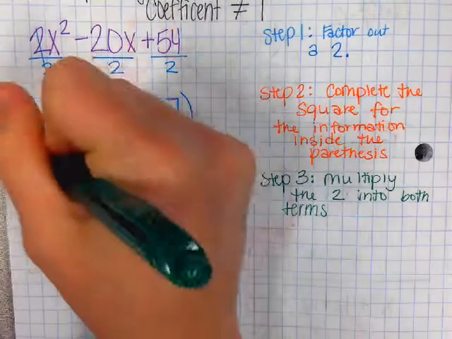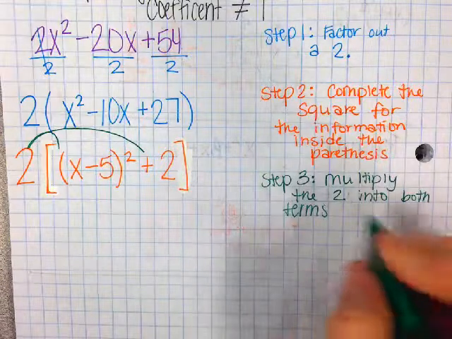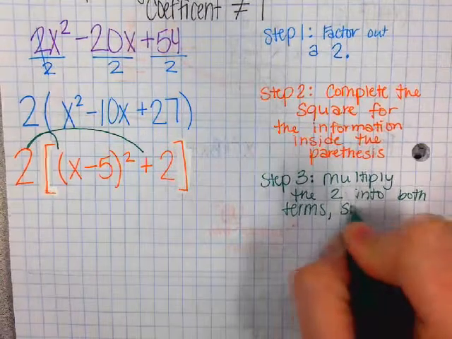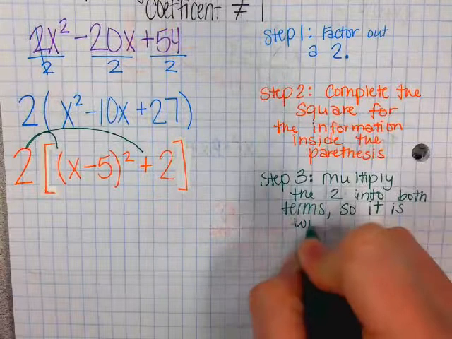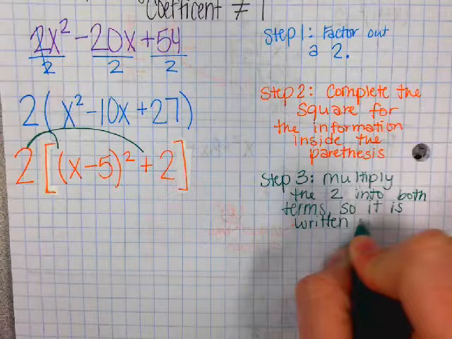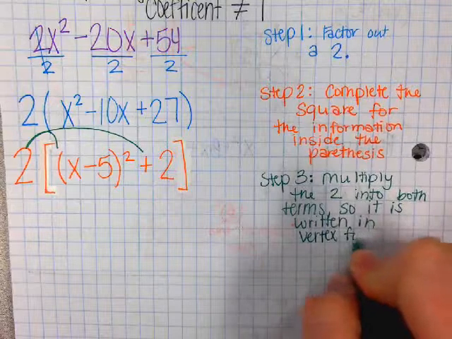So you're going to multiply this 2 right here, and then 2 times 2. And the reason you do that is so that it is written in vertex form.